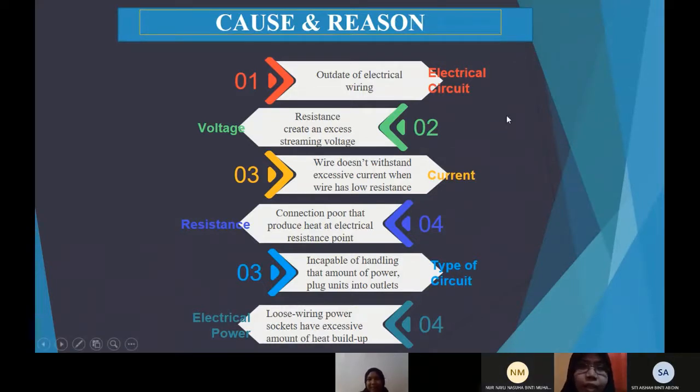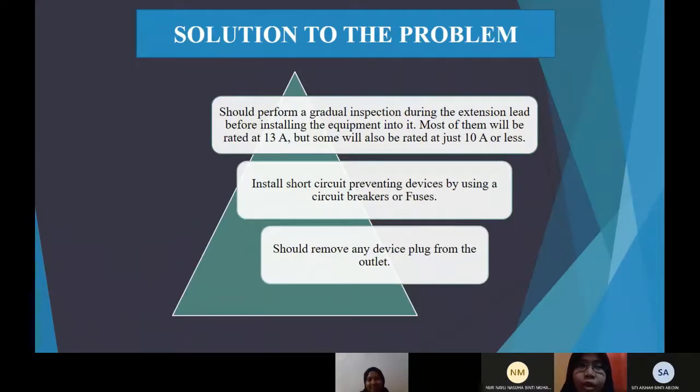Thank you, Nabiha. I will continue about the solution to the problem. The creative solution to avoid technical problem as portrayed in figure 1 is caused by the burning of household appliance socket, using the socket calculation. To avoid technical problems such as burning the home appliance socket, follow the advice given. First, perform a gradual inspection of the extension lead before installing the equipment into it.